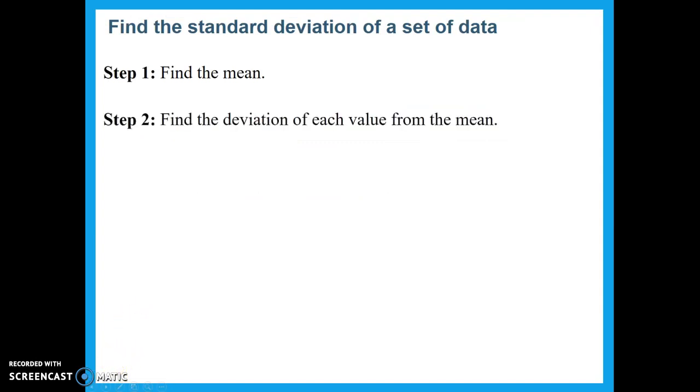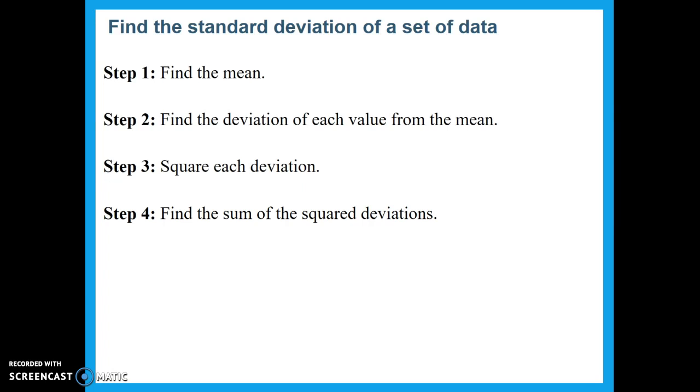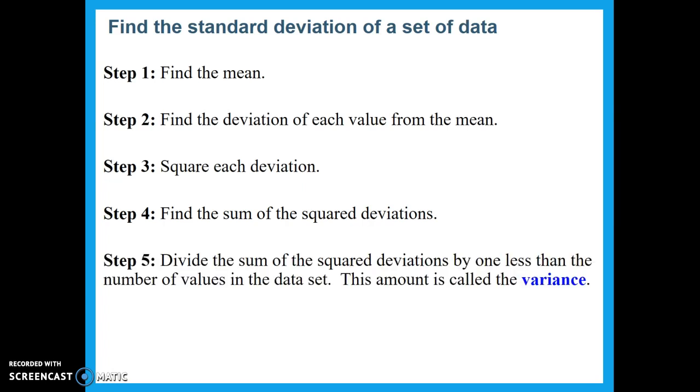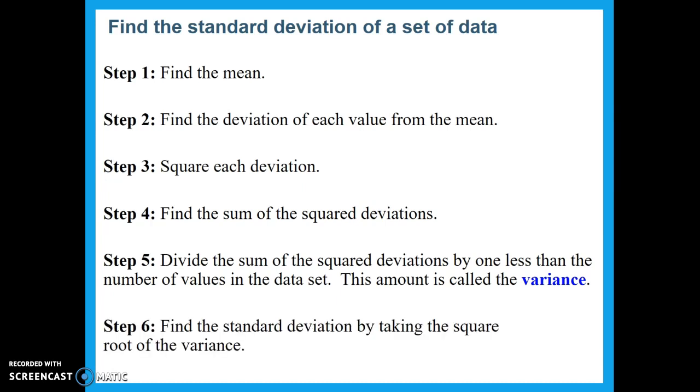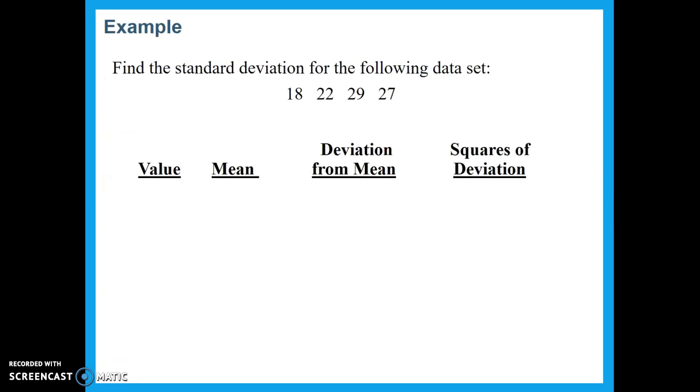First we need to find the mean, then find the deviation of each value from that mean, square each deviation, and sum those squared deviations. Then divide the sum of those squared deviations, so step 4, by one less than the number of values in the data set. This value is called our variance. Find the standard deviation by taking the square root of your variance.